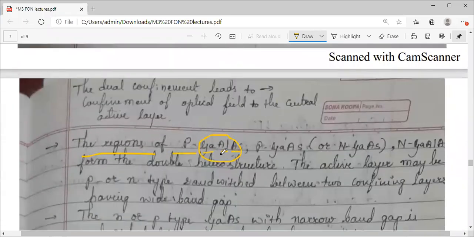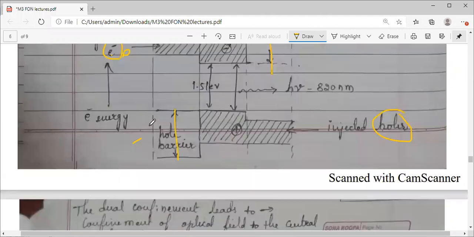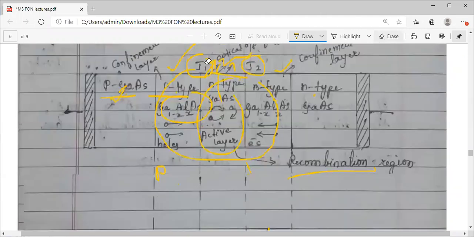Now, the regions of P gallium aluminum arsenide, that is the first one. You can see we have got 5 different layers. Here P type GaAs, here P type Ga aluminium As, and here also aluminium. These two structures are alloys, and all these three are gallium arsenide.